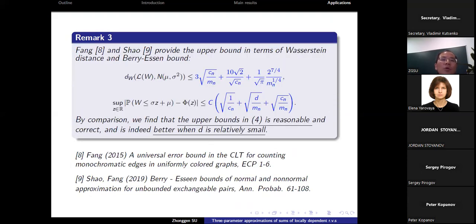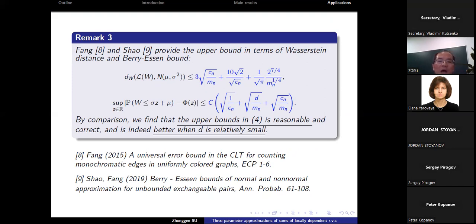Compared to the literature, for example, Fan and Shao, respectively. They also consider the approximation problem between W and a normal random variable. They got these two results.